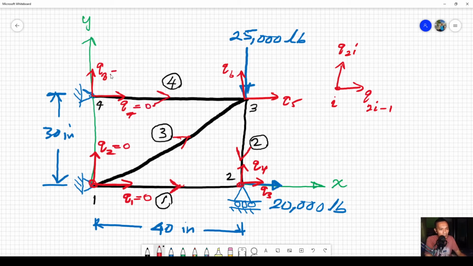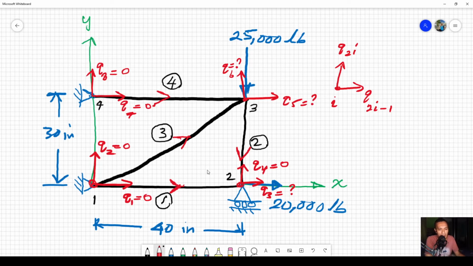For node number 2 we have a pin roller, so maybe we have some displacement due to the roller position, but there will be zero displacement in the vertical direction. At node number 3, there is a free joint, and we may have some deformation in both the x and y directions.